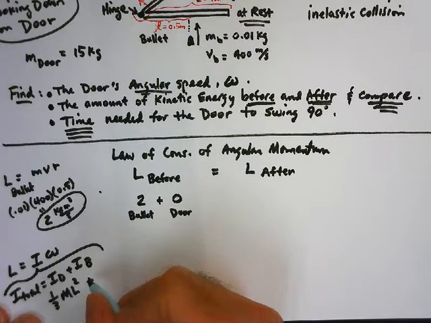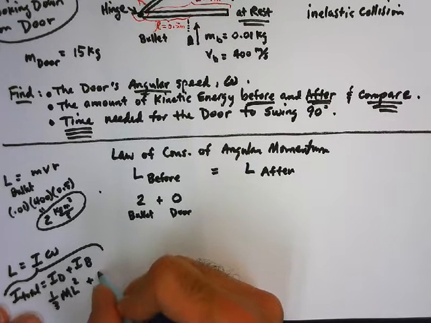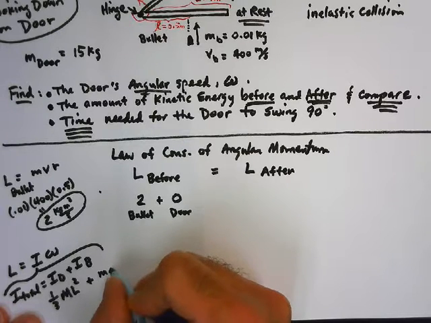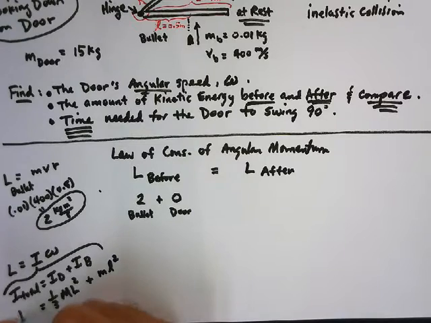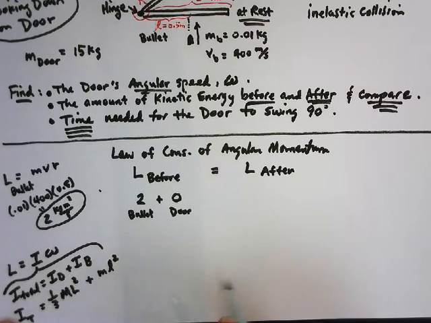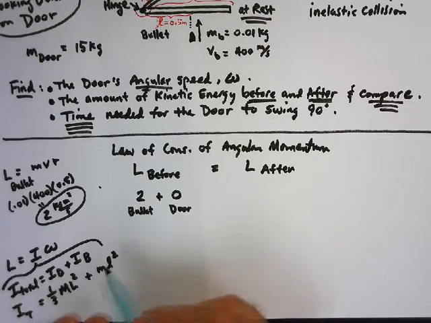For the moment of inertia of the bullet, which is a point mass embedded in the door, that's just little m little l squared. So that would be the total moment of inertia of both the door plus the embedded bullet.